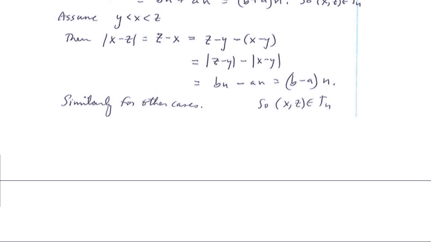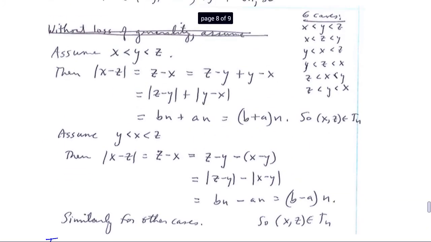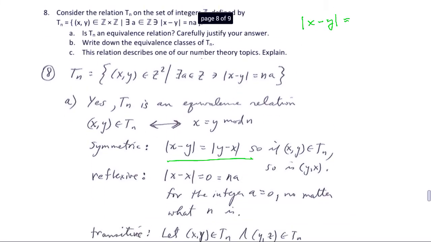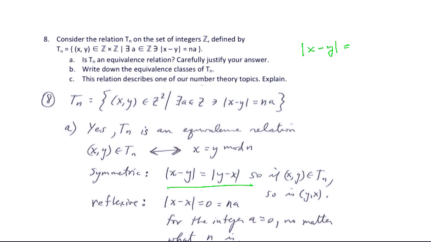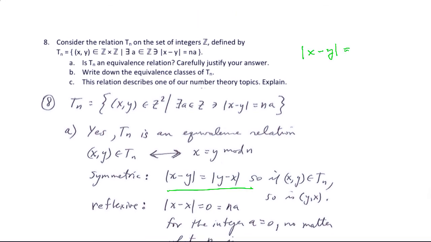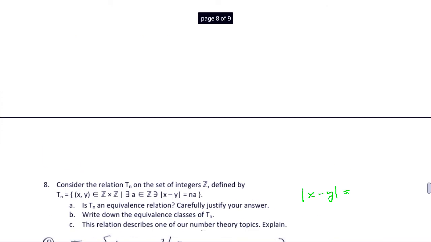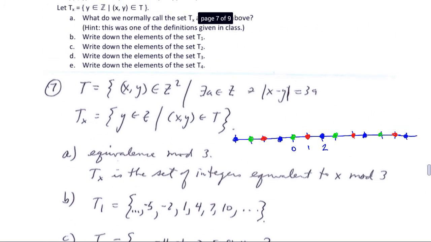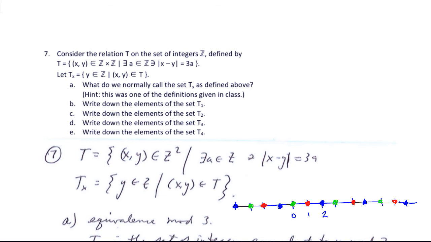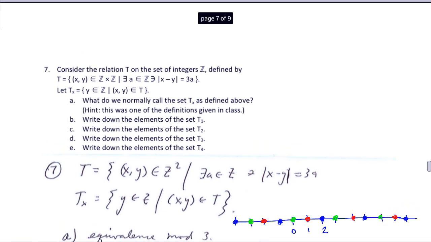I noticed when I went over this on the board the other day, I've got a problem with notation here, because I'm using capital T with a subscript n, where the n indicates the n of the modulo function, but I also use T with a subscript x to mean the equivalence class of the relation T that contains x.